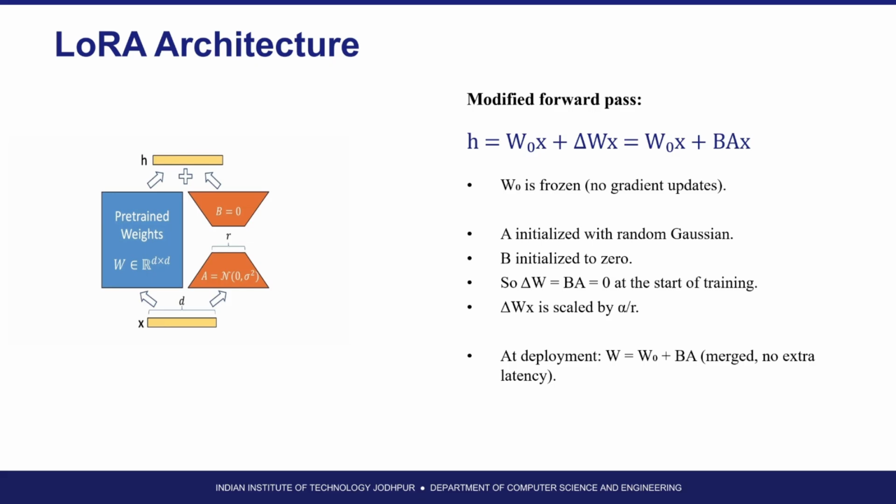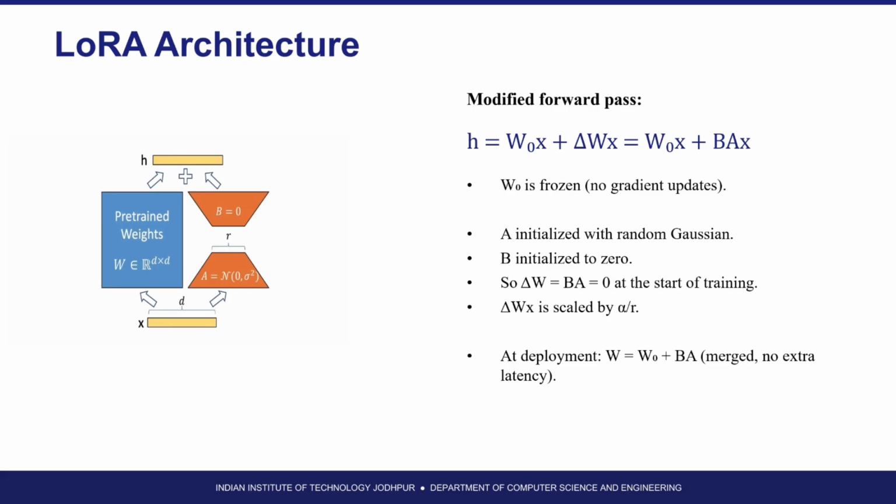For initialization, A is initialized with a random Gaussian distribution and B is initialized to 0. This means at the start of training, Del W is equal to BA, which is equal to 0. So the model begins exactly where pre-training left off. That's a really elegant design choice.